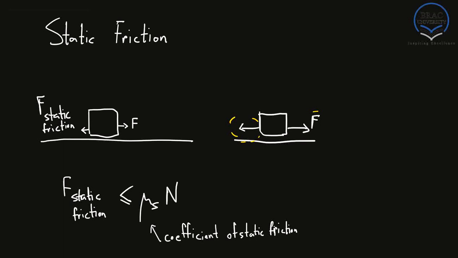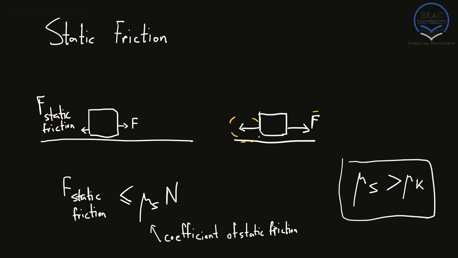In other words, it turns out that typically mu s is greater than mu k, which means that the maximum value of static friction is typically more than the constant value of kinetic friction. It's often actually interesting to see which direction the static friction acts. You will see that in some problems it's not intuitive or obvious at all. But with that, let's end this discussion on contact forces.